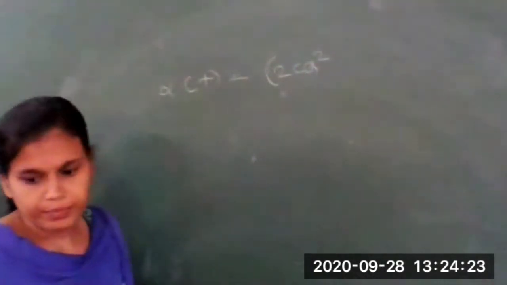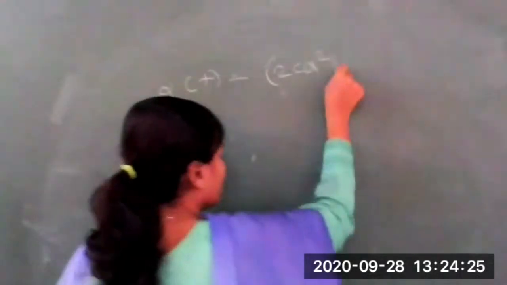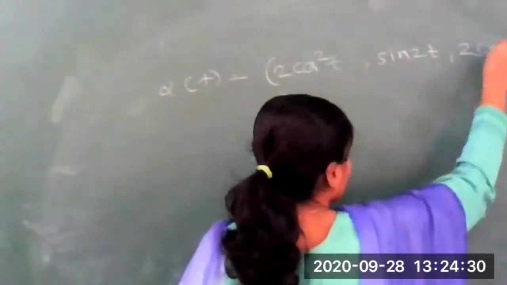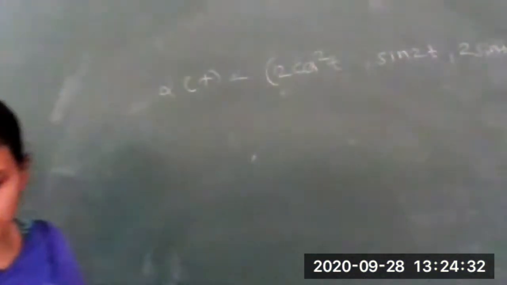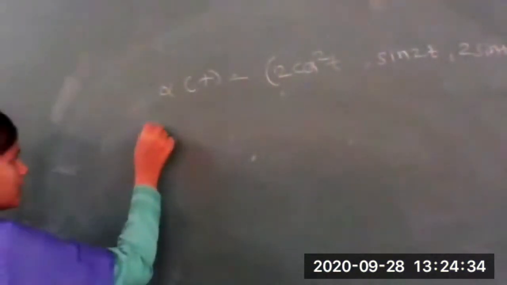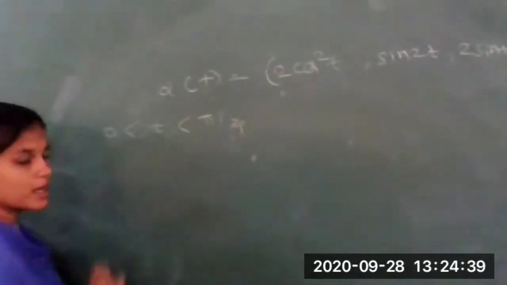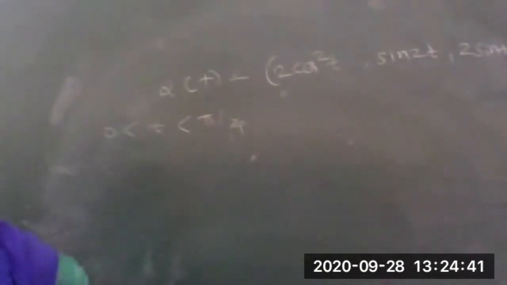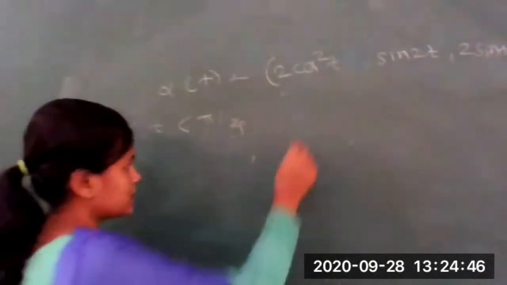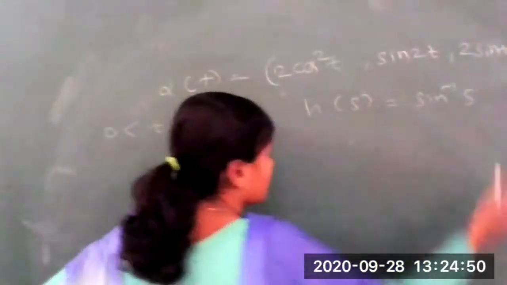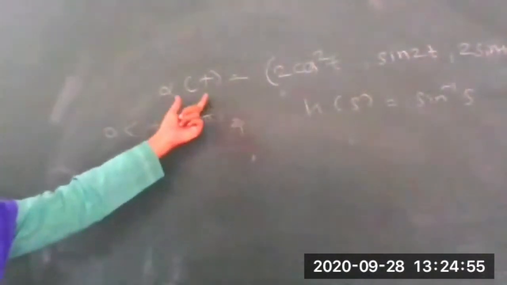The interval of t is 0 to pi by 4. Next, we are provided h of s is sine inverse of s. Here h is a function with parameter s, and alpha is with parameter t.